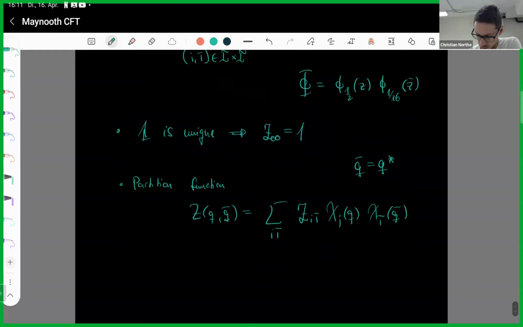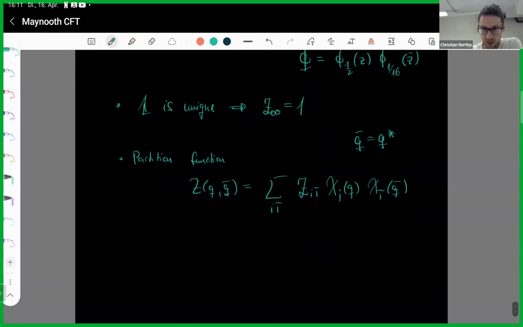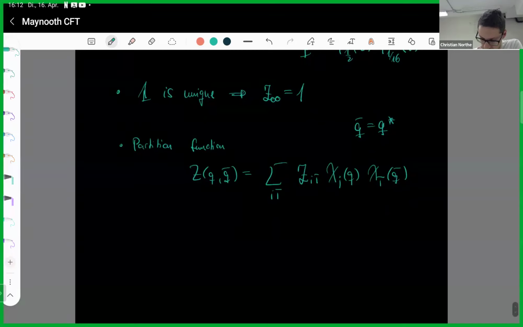Okay, so this is really meant in the following fashion. So how do you arrive at this expression? I'm just going to sketch this, but there's a much larger discussion in the notes.